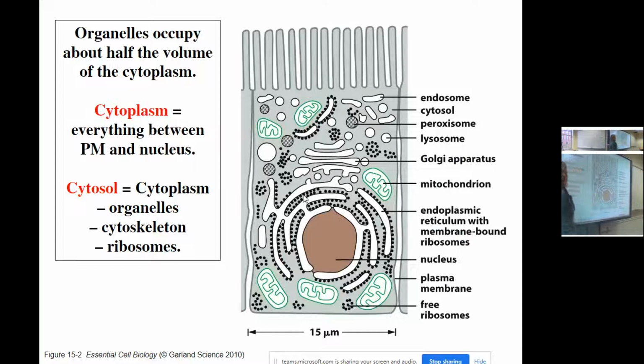So it's both the liquid component, which is cytosol, and the stuff in between. When you look at a picture like this, the stuff in the gray is the cytosol, the liquid. When you add together the cytosol plus the organelles, the cytoskeleton, and the ribosomes, all of that together is cytoplasm.